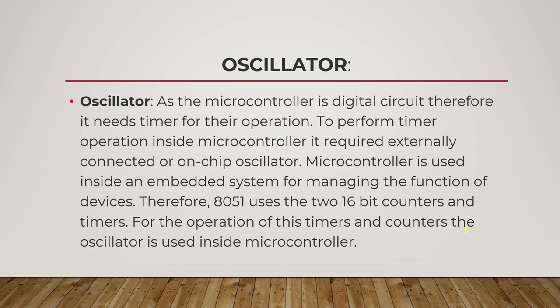For 1 minute, how many will it print? 10 only. This is based upon the 8051 microcontroller, which has 16-bit counters. So these types of oscillations are done by the microcontroller inside.